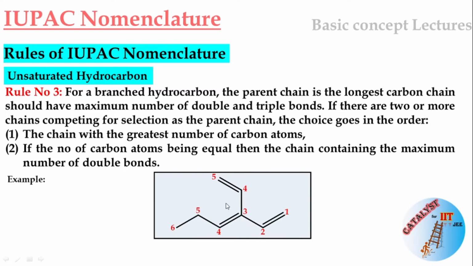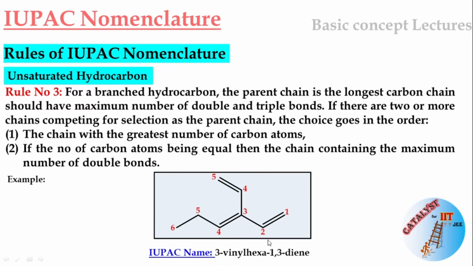So this is your parent chain and this is your substituent, and this substituent's name is vinyl, and the whole IUPAC name is 3-vinyl, as it is present on the third carbon. Hex means the number of carbons in your parent chain is 6, and on the 1st and 3rd positions ene is present, meaning double bonds are present.